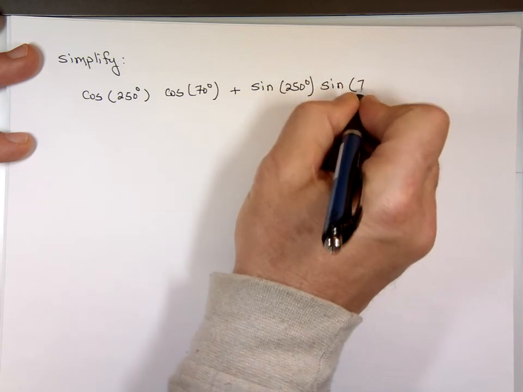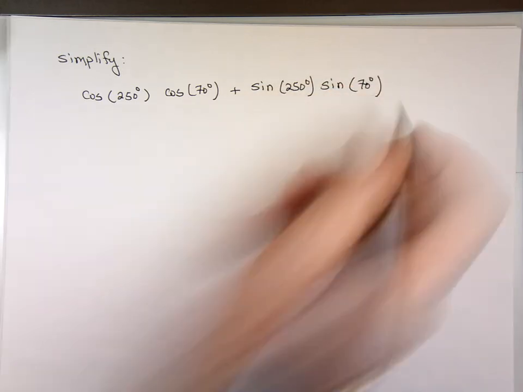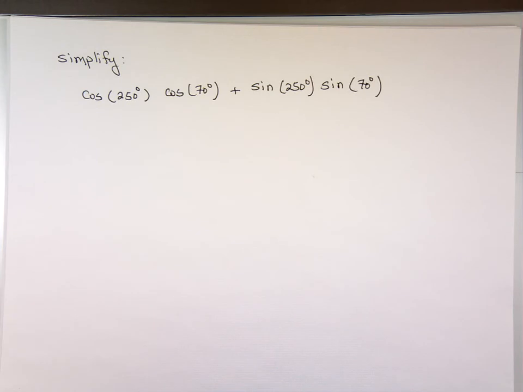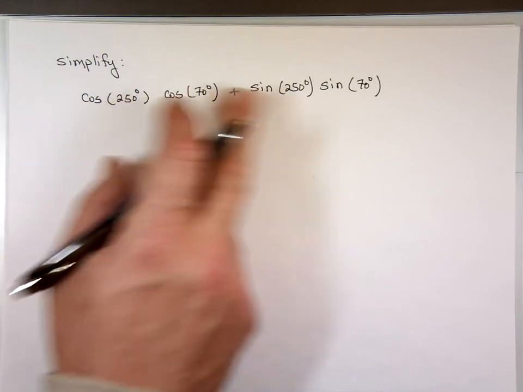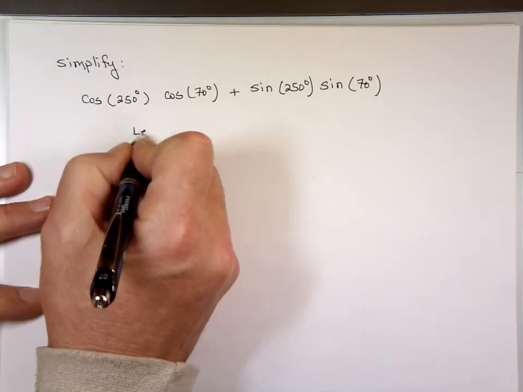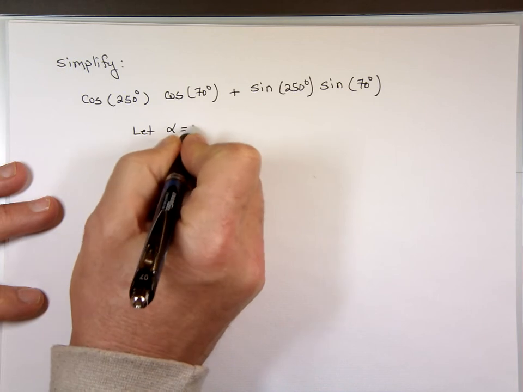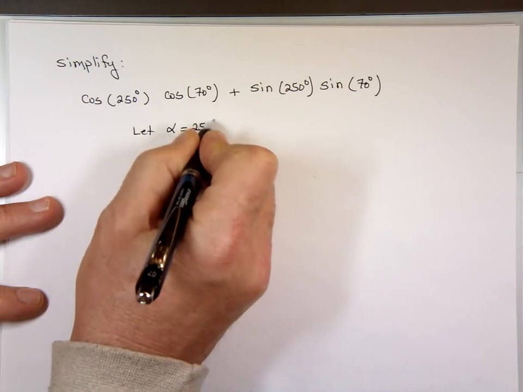I got no calculators. What's the answer to this? Again, I see cosine, cosine, the same numbers. I say, let alpha equal 250 and let beta equal 70 degrees.